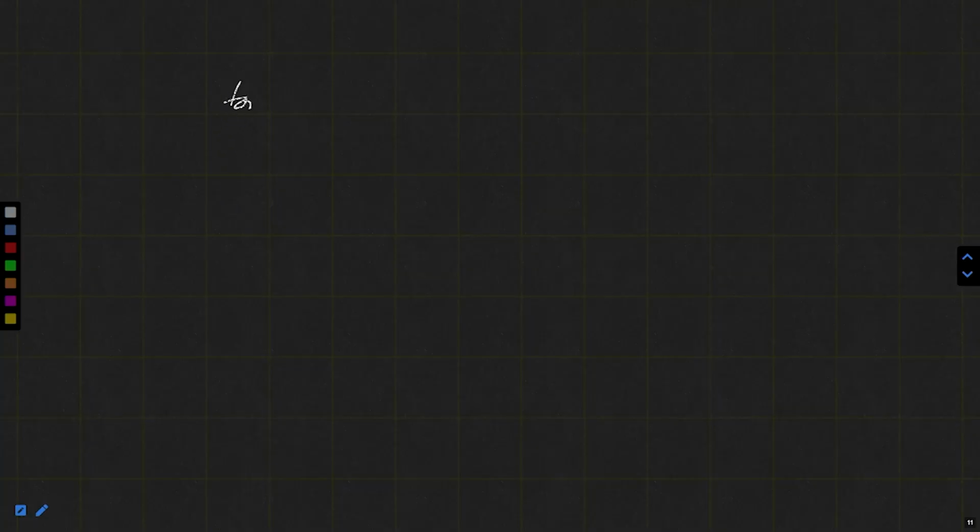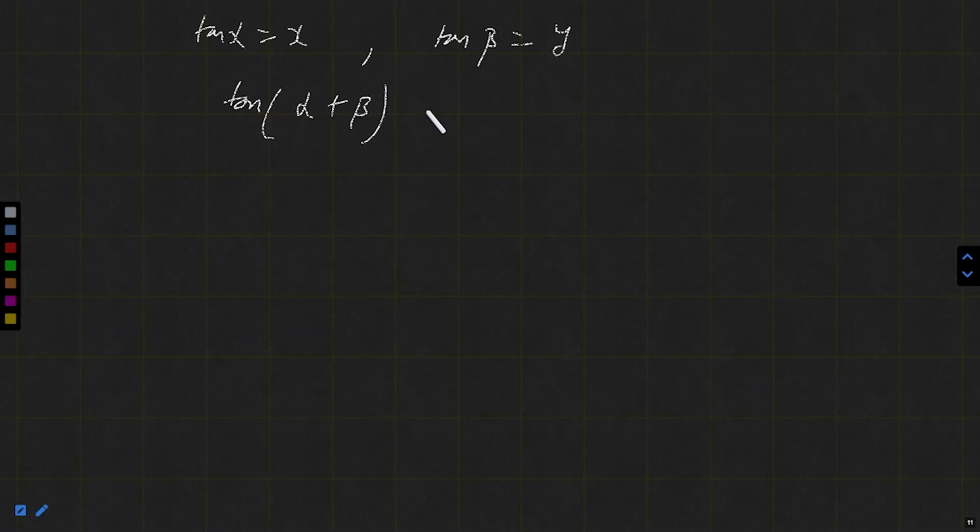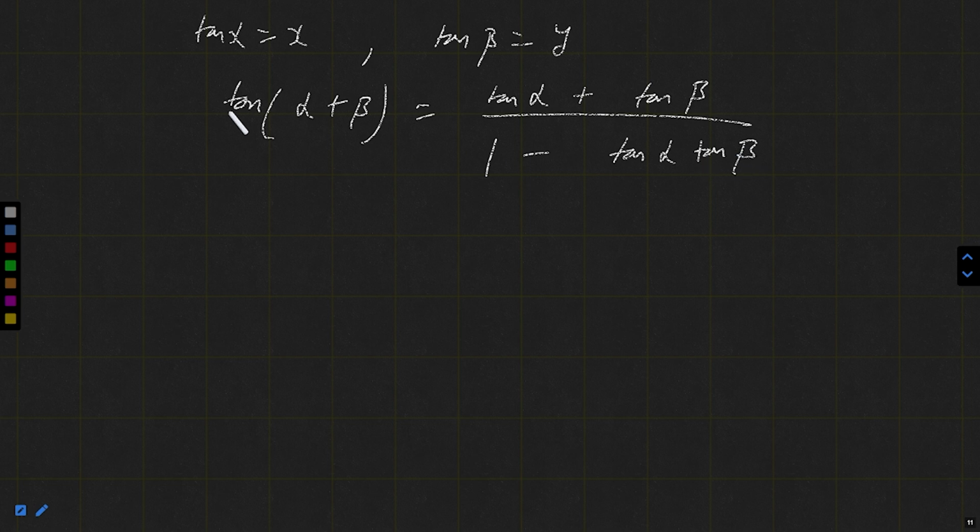So we have tan of alpha plus beta, where tan alpha is x and tan beta is y. This is equal to (tan alpha plus tan beta) divided by (1 minus tan alpha tan beta), where tan alpha is x, tan beta is y, and tan alpha tan beta is xy.